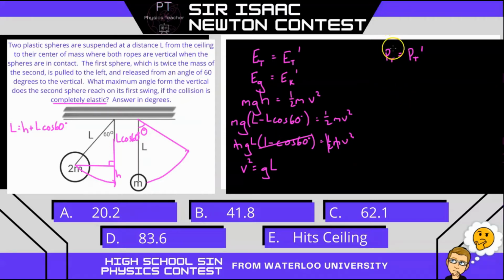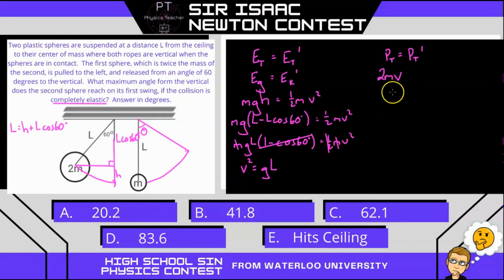Because we're going to be using the mass of both spheres, I'm going to be very specific. This mass here, before the collision, has a certain momentum, mass times velocity. Its mass is 2m, and its velocity is v, the same v that we calculated here.